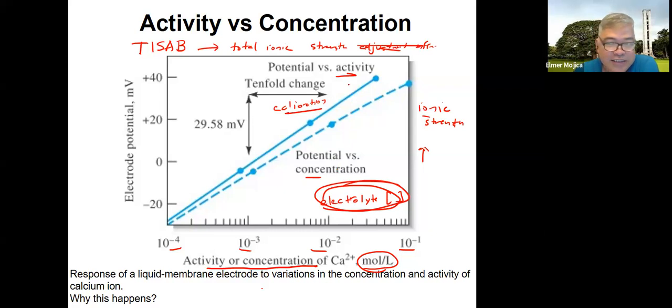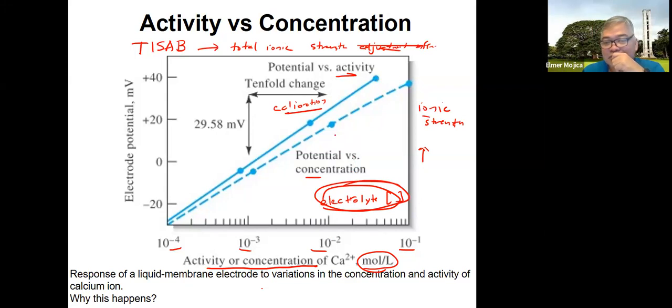Because isn't it when is activity equal to concentration? Is it at low concentration or at high concentration? Okay, so we have it in the dilute concentration. So what happened if you increase now the ionic strength? The activity will still be okay, but the concentration is not okay.